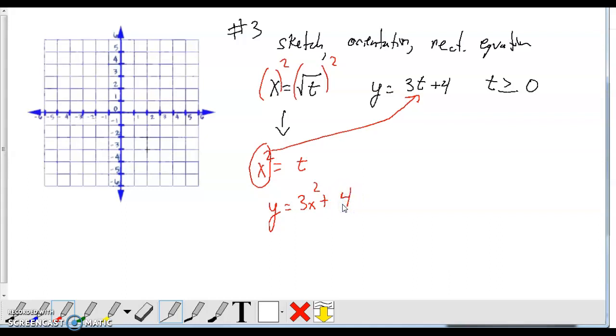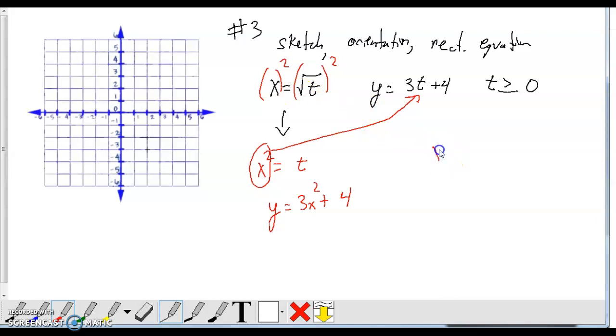Okay, so now I have an idea that it's a parabola, and I know that it's opening upwards. I know that I have a y-intercept at 4. So now I can figure out what's happening.